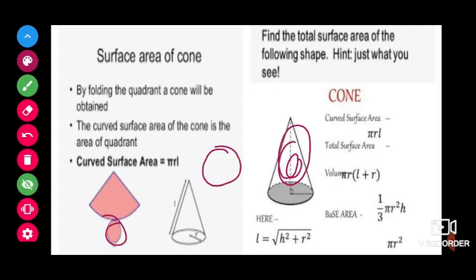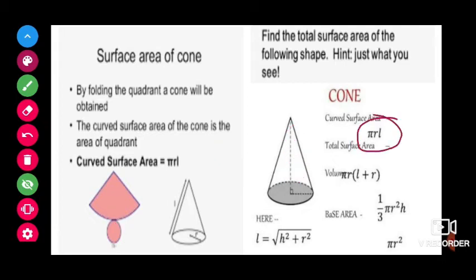If you open it, the bottom will be like a circle. We find the curved surface area by using the formula pi r L, and the area of the bottom is pi r square.